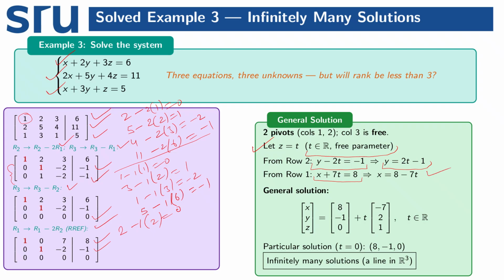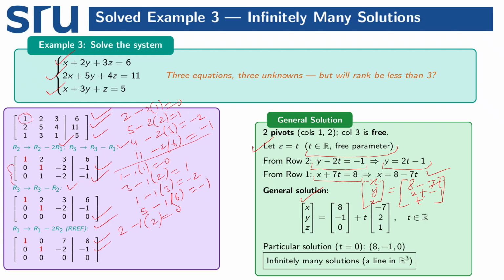So the most important step, we are writing the solution now. The solution is the column x, y, z, where x is 8 minus 7t, y is 2t minus 1, and z is t, basically.